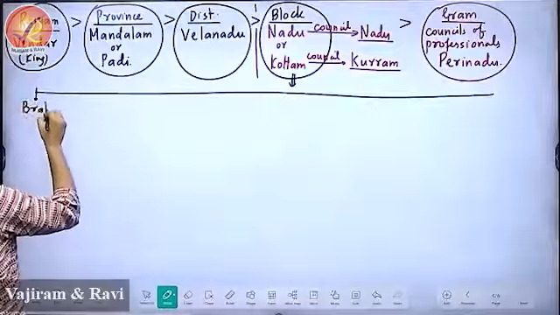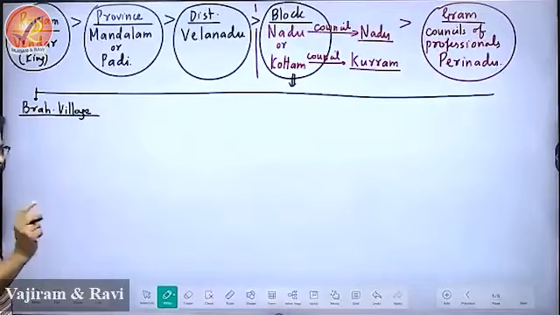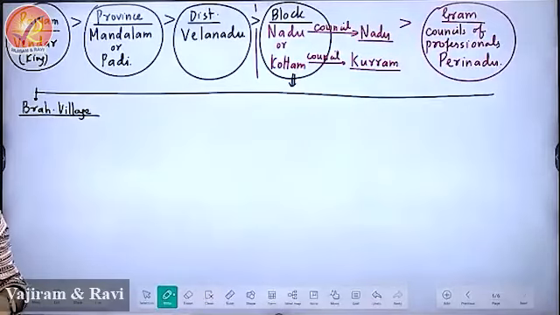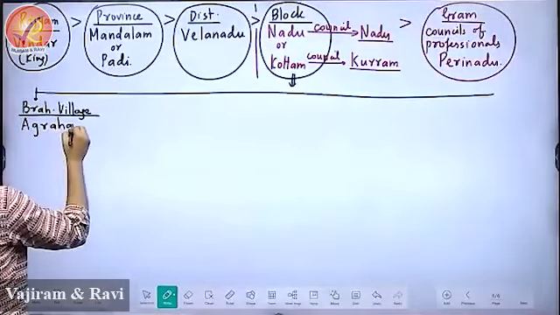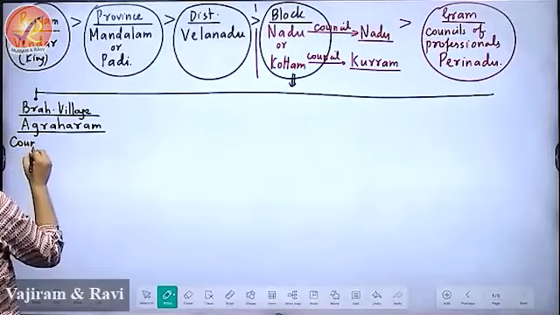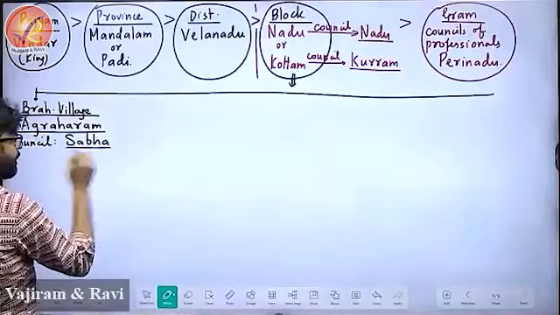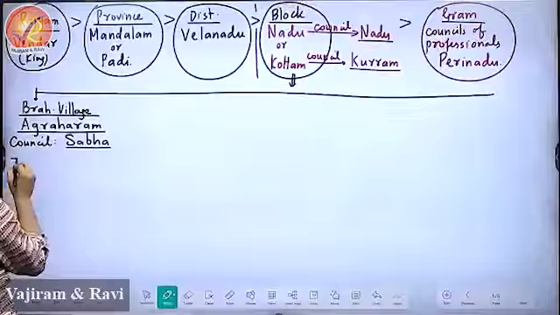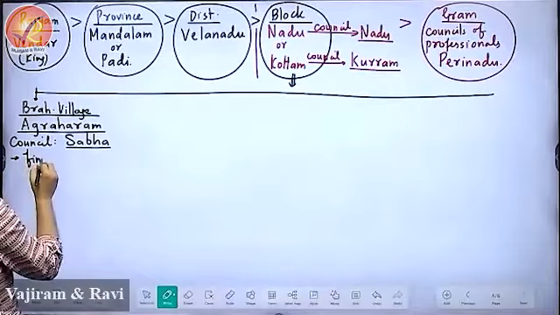Brahman village. Brahman village has different names in different places. Mangalam, Chaturvedin Mangalam. They have different names. But the basic word which we use here is Agraharam. A very common word. Every Agraharam has a council. And this council is called a Sabha. This is the most important council because this council, remember, is financially autonomous.